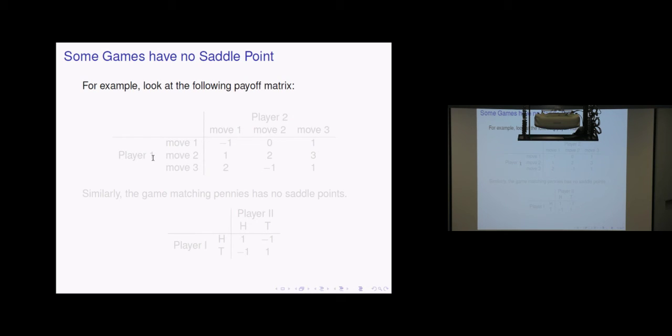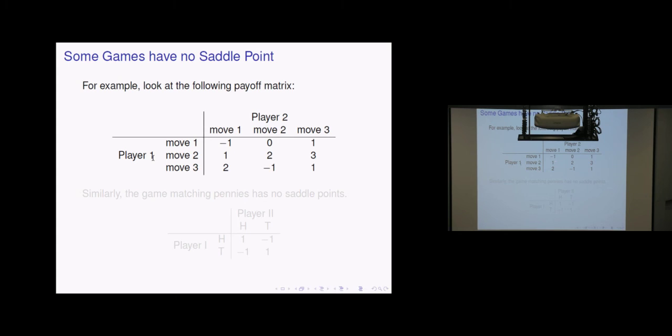And some games have no saddle point. For example, let's look at this payoff and try to find the saddle point. Look at the first row. What is the minimum? Here, -1 is the minimum. Now, is this -1 the maximum of this column? No. So this -1 is not a saddle point. Look at the second row.